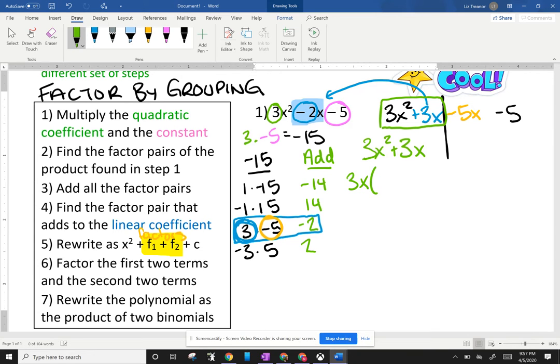So when we factor out 3x, we know 3 times 1 will give us 3, and x times x will bring us back to x squared. Plus 3 times 1 will bring us back to 3, and x times 1 will bring us back to x, so we don't need another x. So we're done there.